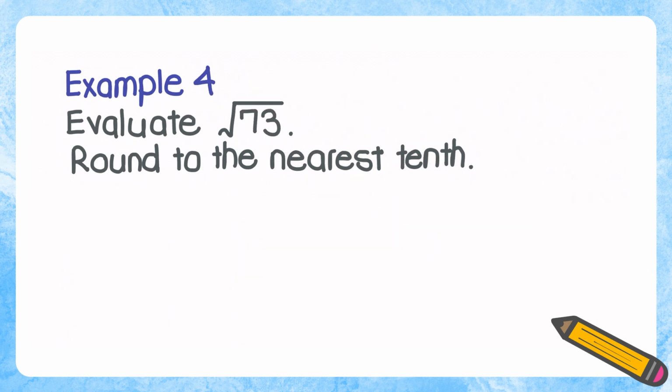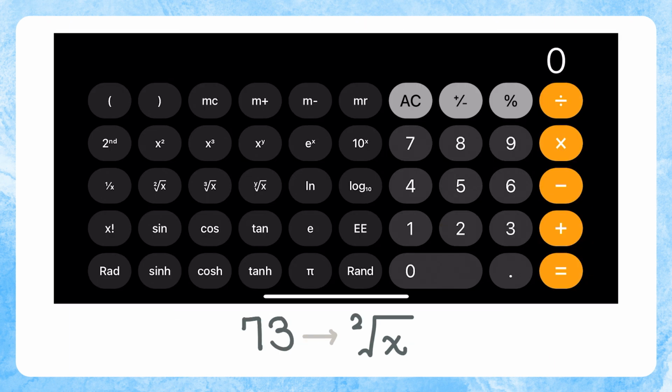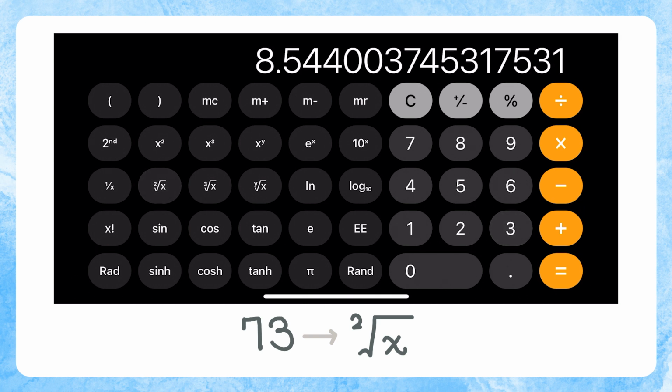Next, we're going to evaluate the square root of 73. Again, we're asked to round to the nearest tenth. Here, I'm walking through the steps on both types of calculators. Please let me know if you need help navigating your calculator. Again, for the iPhone calculator, you kind of have to go backwards in a sense. 73, and then the square root button.